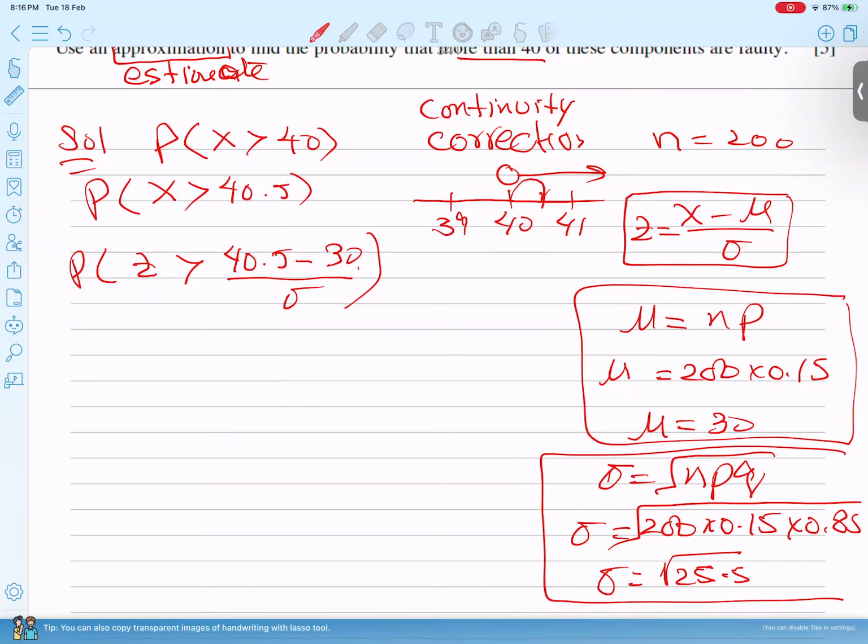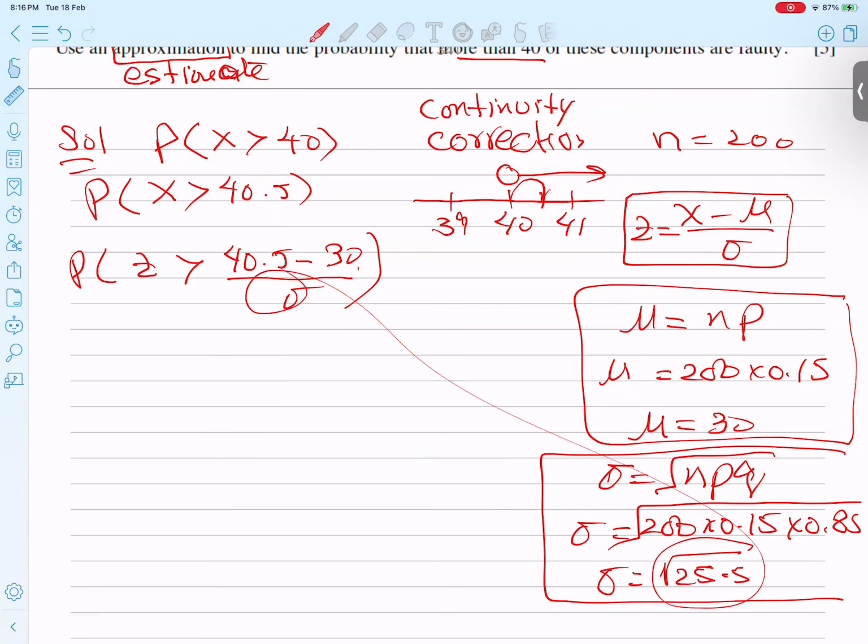When I replace this value here, it is root of 25.5. Now if I type in the calculator, 40.5 minus 30 divided by root 25.5, it turns out to be 2.0793. We did 3 decimal places only.